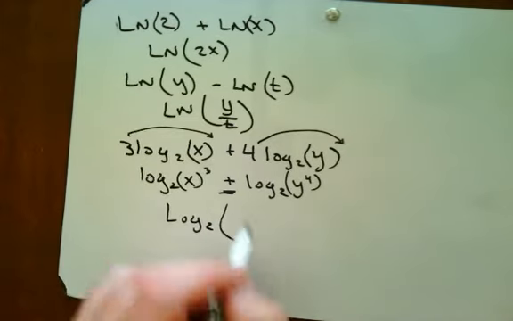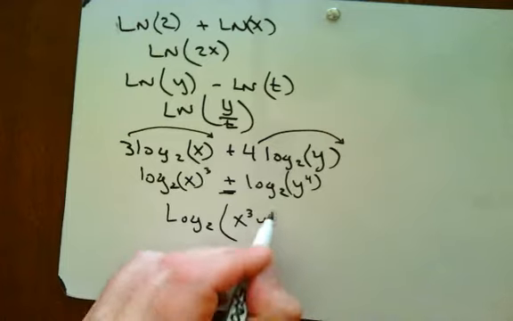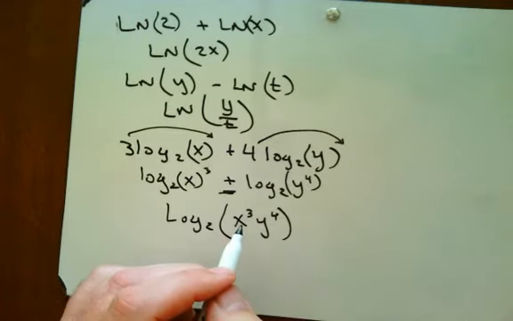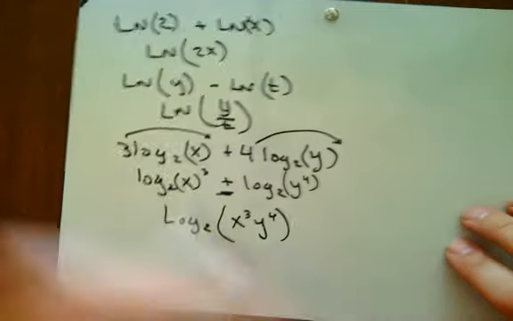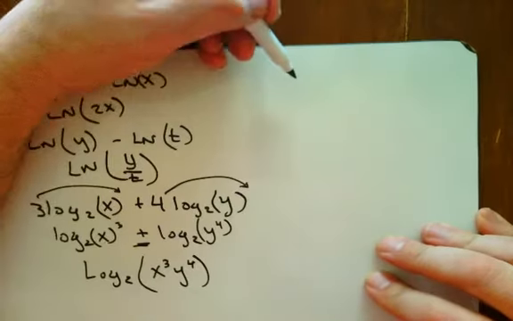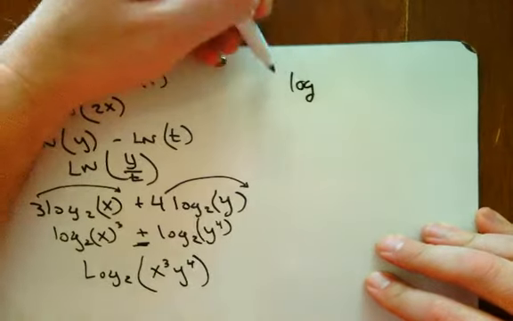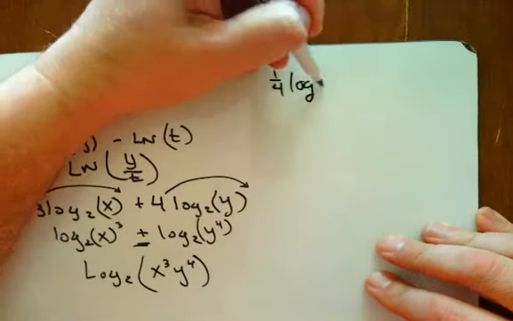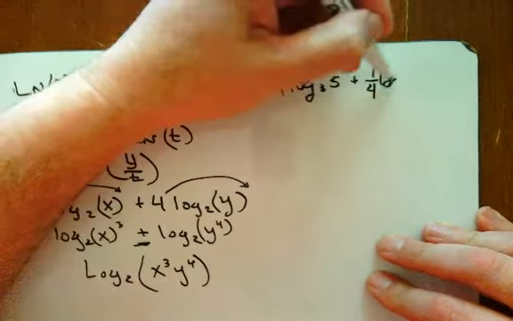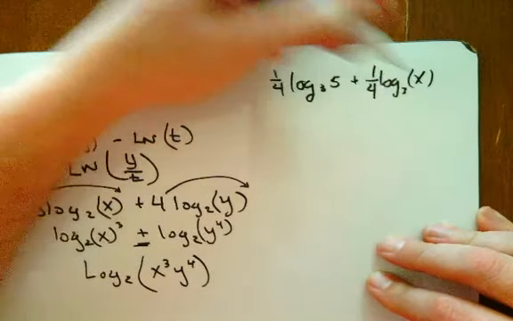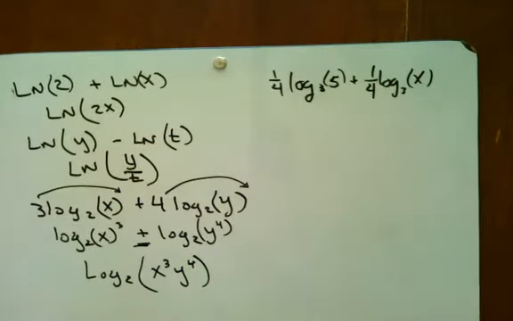So I'm going to kick these powers back up with the power rule in reverse and have log base 2 of x to the third plus log base 2 of y to the fourth. And now, because of this, I can use my product property in reverse and write this as log base 2 of x to the third y to the fourth.